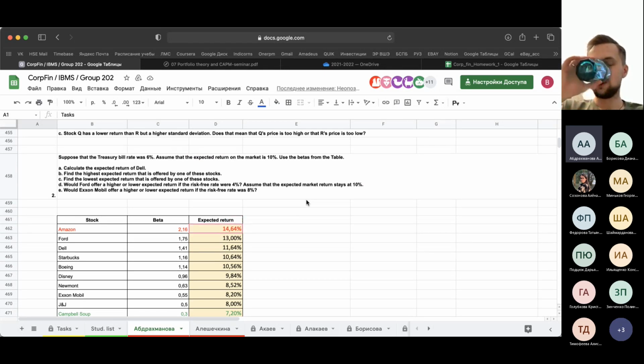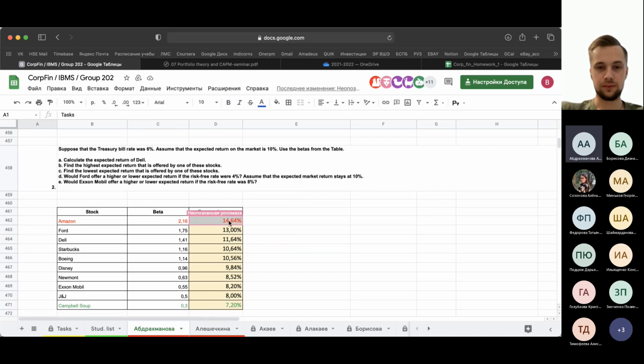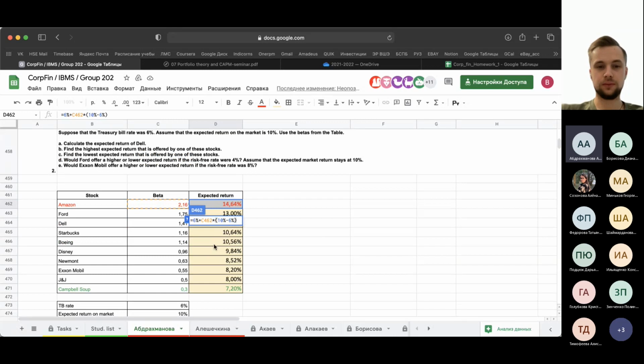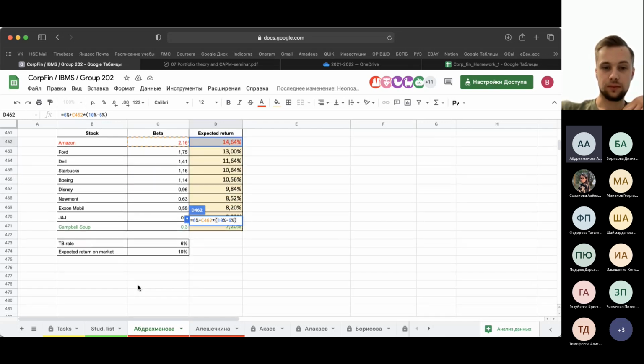First of all, I used the formula for the expected return that we discussed several minutes ago, using the treasury bill rate, which is 6%, plus beta multiplied by the difference between the expected return of the market and the treasury bill rate.